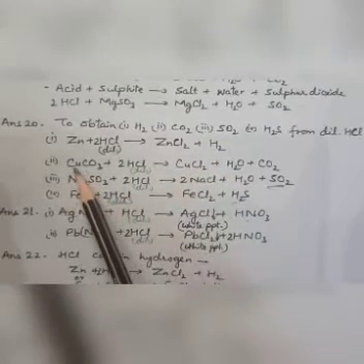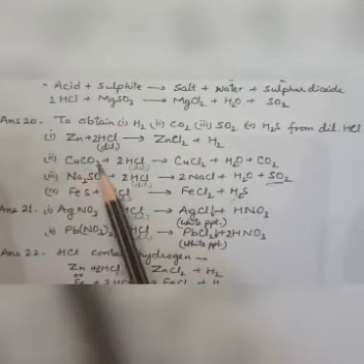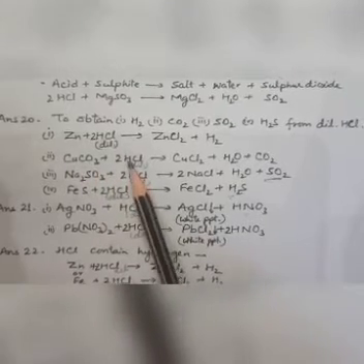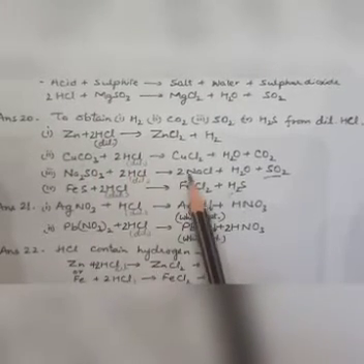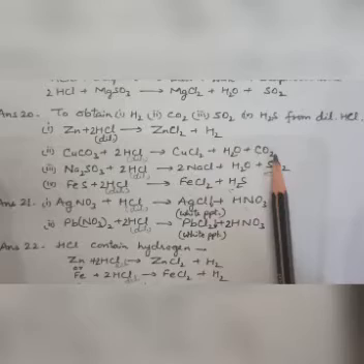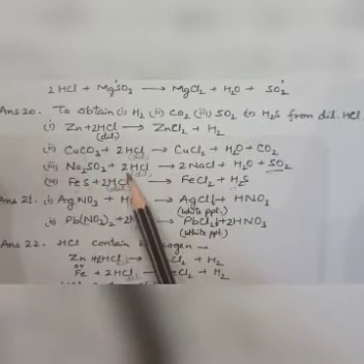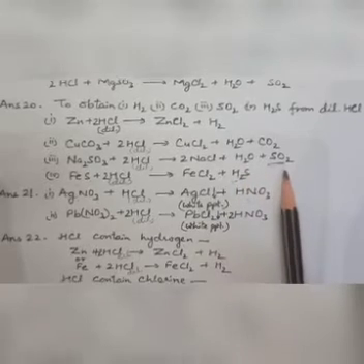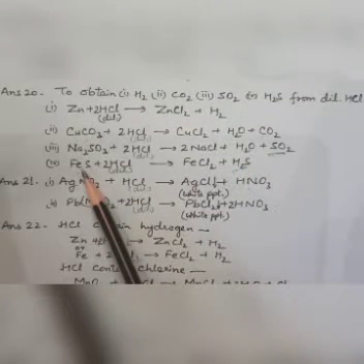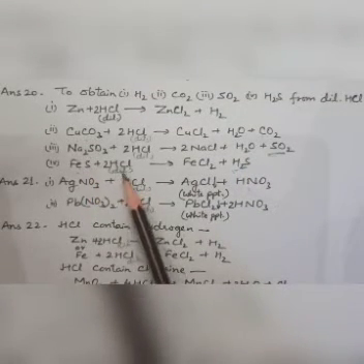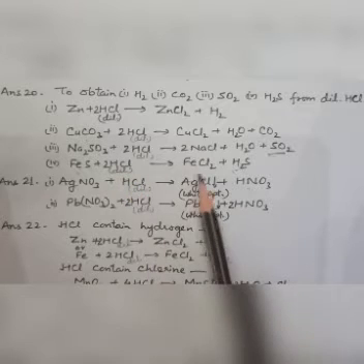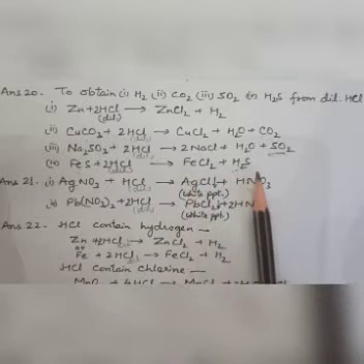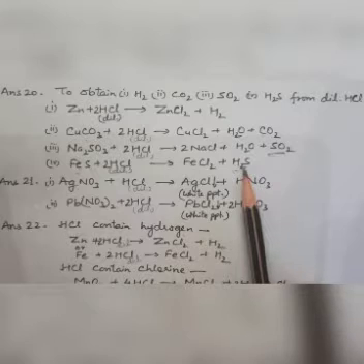In the same way, when a metallic carbonate like copper carbonate reacts with dilute hydrochloric acid, it gives you copper chloride, water and carbon dioxide. When sodium sulfide reacts with hydrochloric acid, it gives you sodium chloride, water and sulfur dioxide gas. When iron(II) sulfide reacts with dilute hydrochloric acid, it always gives iron(II) chloride and H2S gas, or hydrogen sulfide gas, which has a rotten egg smell.